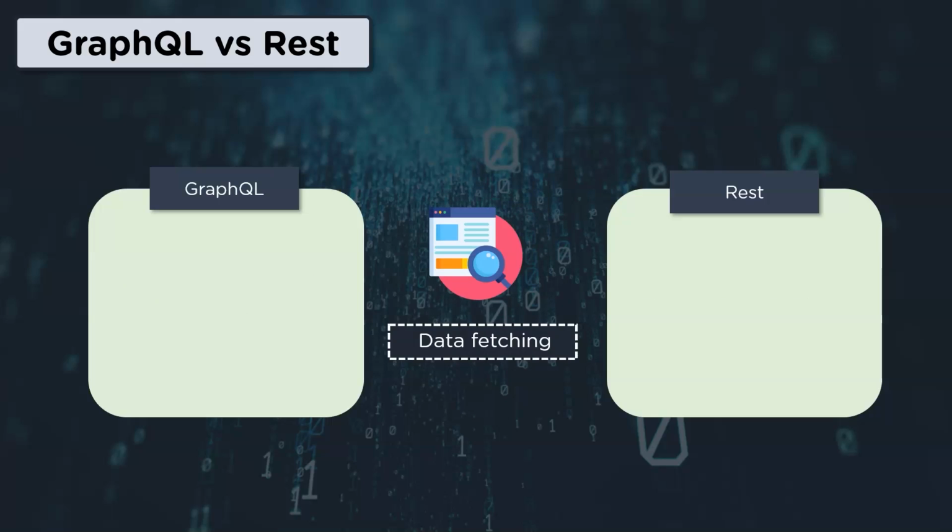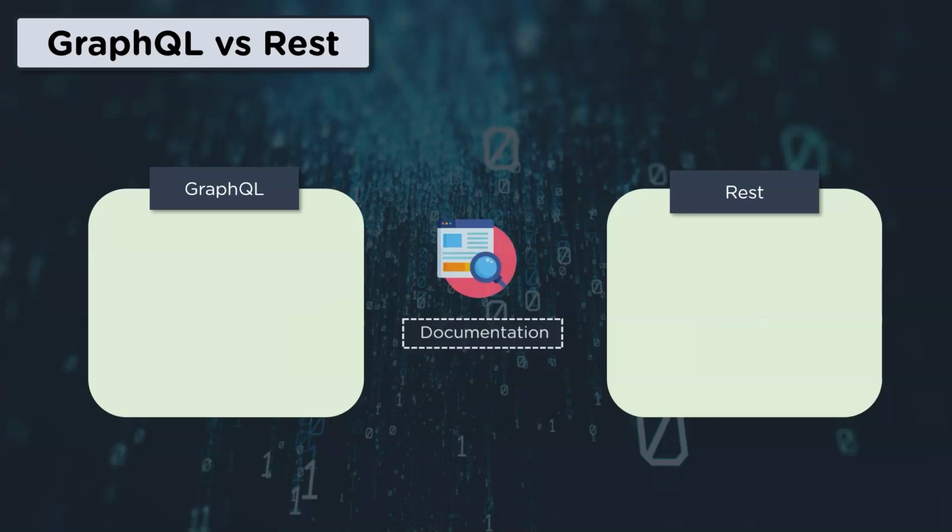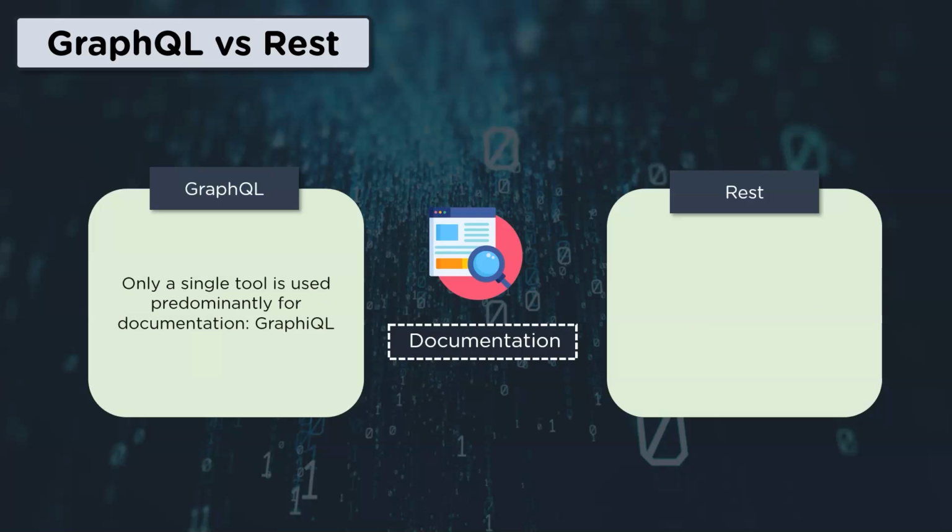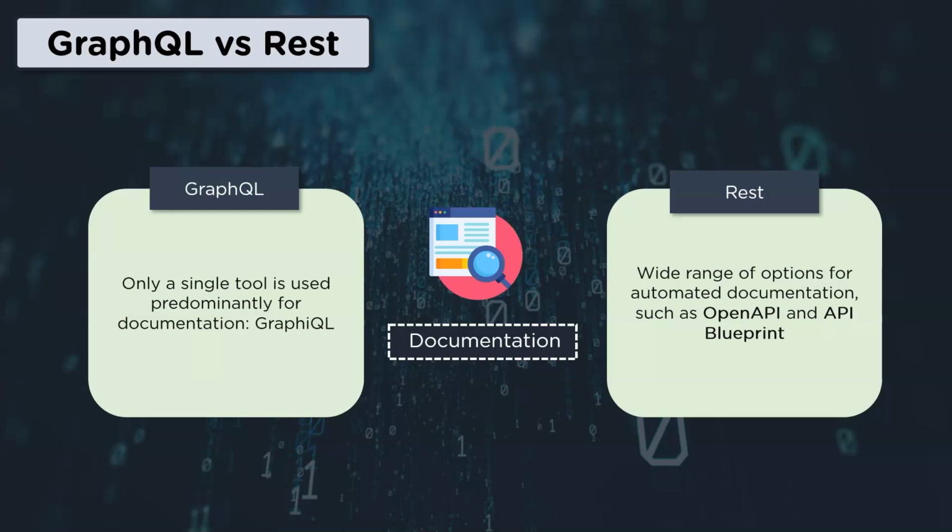Moving ahead, let's talk about data fetching. Now, GraphQL fetches specific data with a single API call, while in REST, you can have multiple API calls for a fixed data fetch. Documentation. Now, GraphQL uses a single tool that is predominantly used for documentation, and that is GraphQL. And talking about REST, there's a wide range of options for documentation.